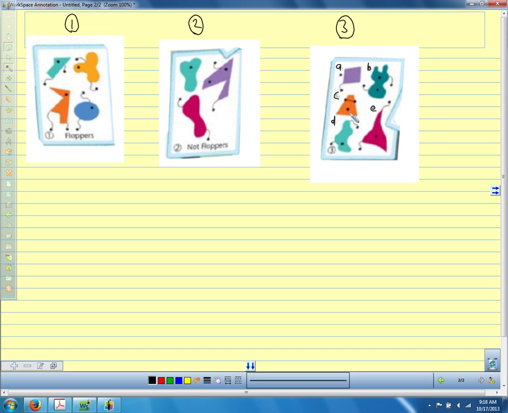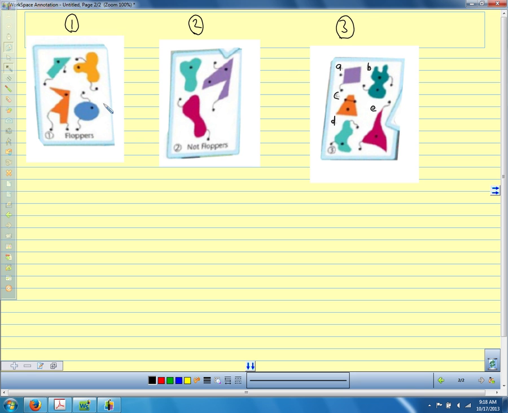How about C? Would C be a flopper? Got a no right away there. What's wrong with C? It has 3 dots inside. Anything else wrong with it? What do you think, Marie?